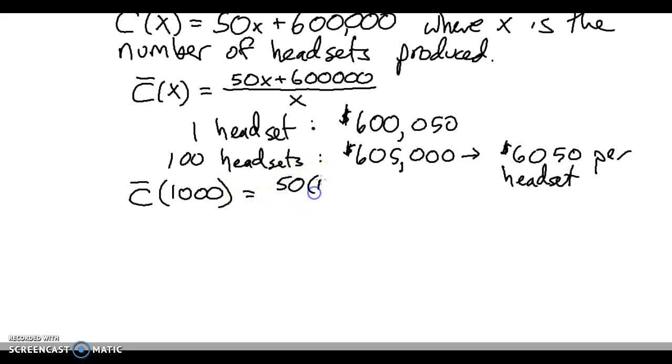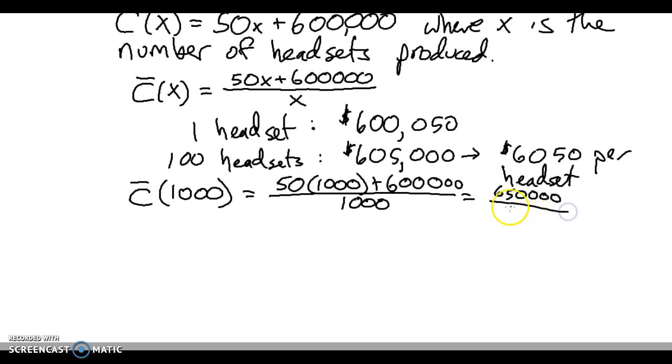Well, we have 50 times 1,000 plus 600,000 over 1,000. 50 times 1,000 is 50,000, plus 600,000 is 650,000, over 1,000 is just $650 per headset.